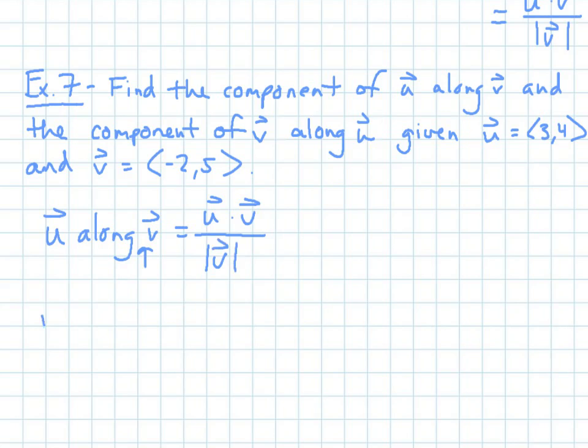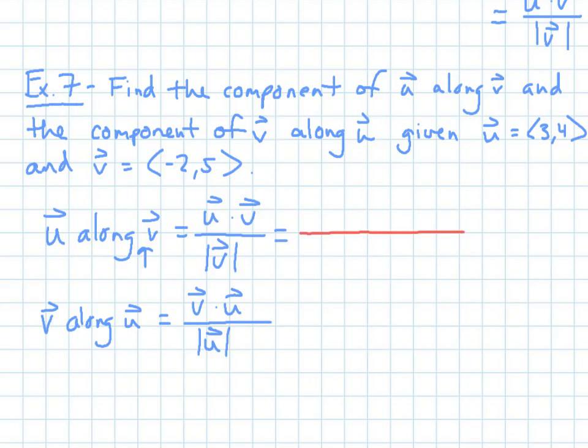Now if I want to do it the other way, then the dot product's the same. It just means that it's going to be the other magnitude. Because dot products are commutative, you can switch the order if you'd like, so it makes more sense. Okay, so let's do our dot product.